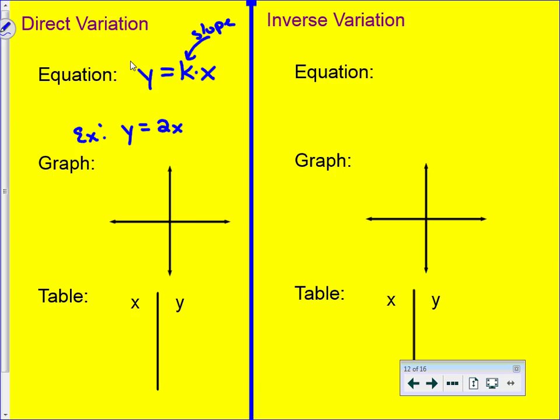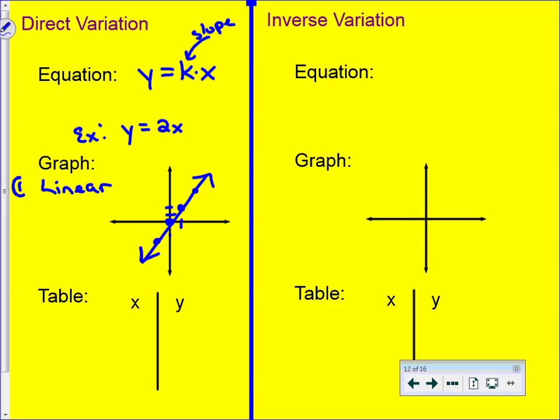All right? And if we do that, we could easily graph where we know we have a 0, 0 point. We go a rise of 2 and a run of 1, and we could keep making this all the way through, going in either direction for this nice line. So one thing to note here is that your graph for any direct variation should always be linear.